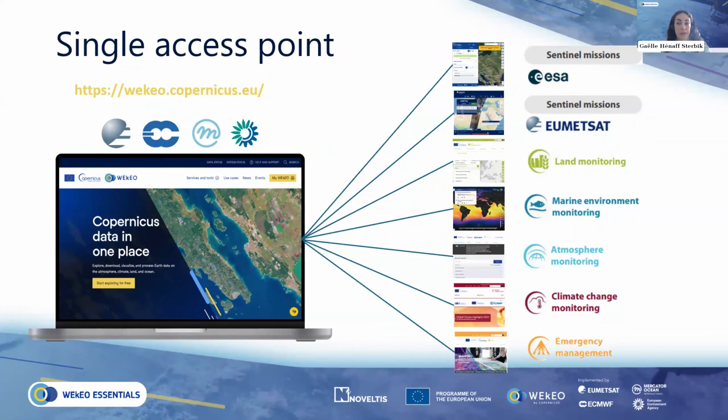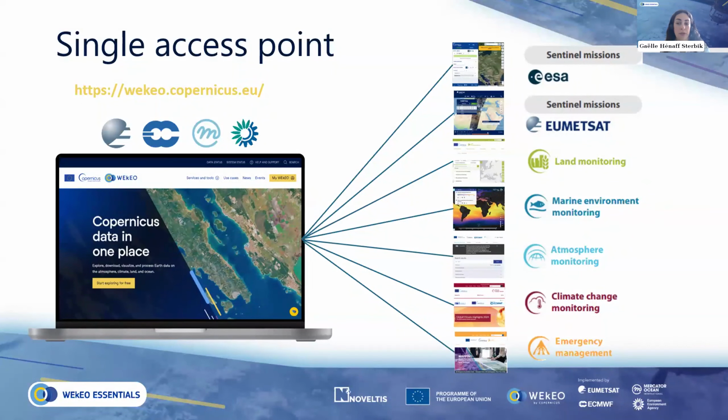In January 2025, WEkEO launched a completely revamped version of the website, introducing a new visual identity and a more intuitive, responsive interface that enhances navigation and usability. Along with this fresh design, new features have been added to make working with data even easier and faster.